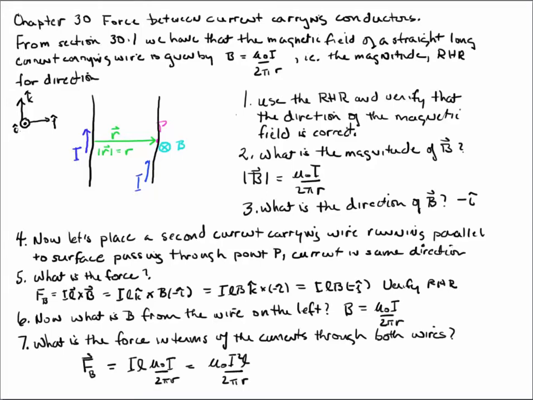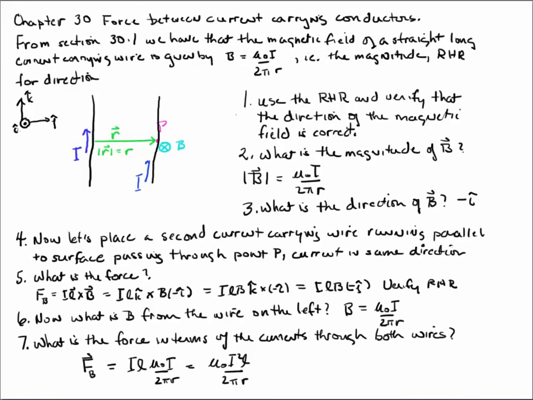Well, I can write that the force F_B is equal to I L times B, which is mu naught I over 2 pi r, and that's equal to mu naught I squared L over 2 pi r. Of course, if the currents were different, I would have to label one I1 and one I2, or one I_A and I_B, and distinguish between the currents.